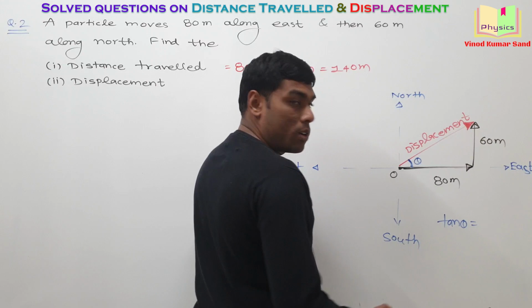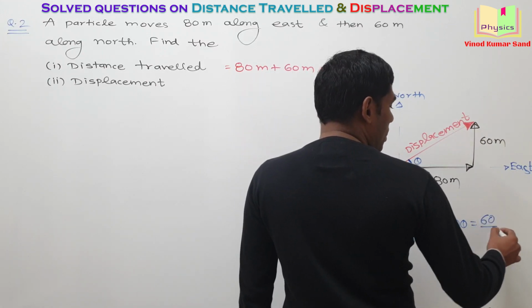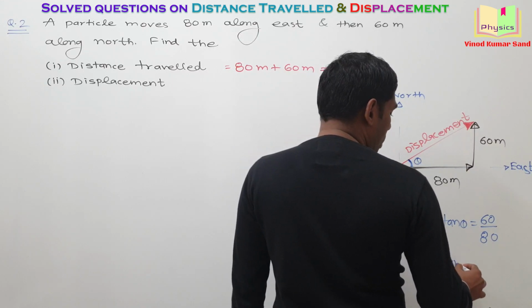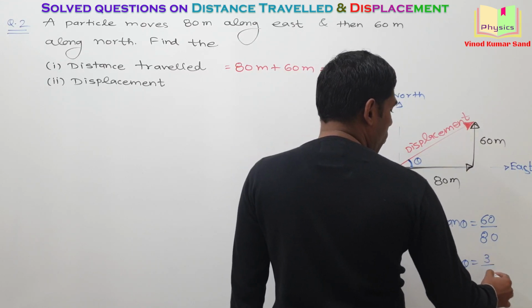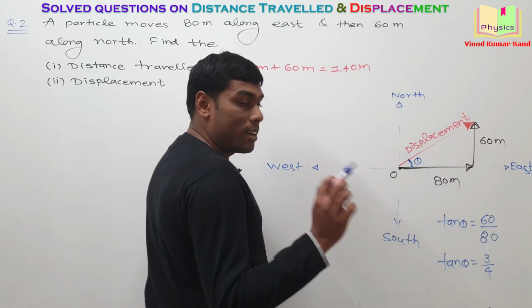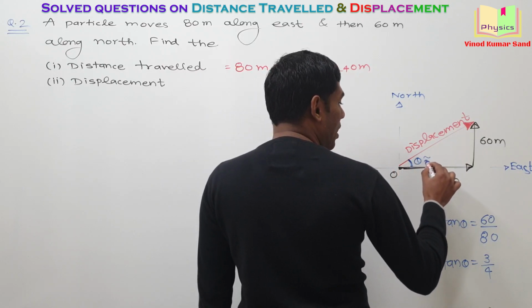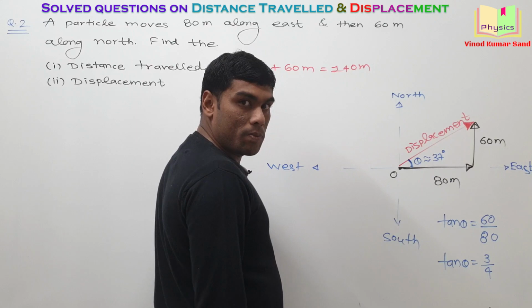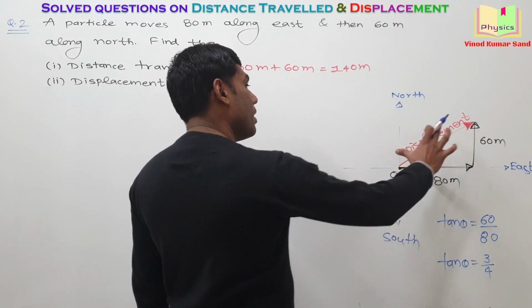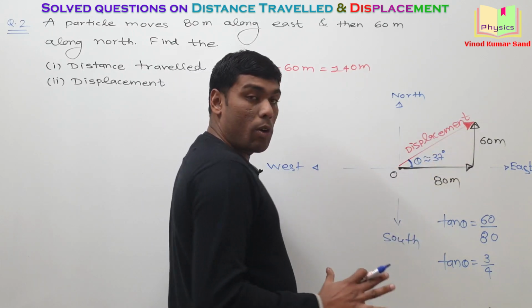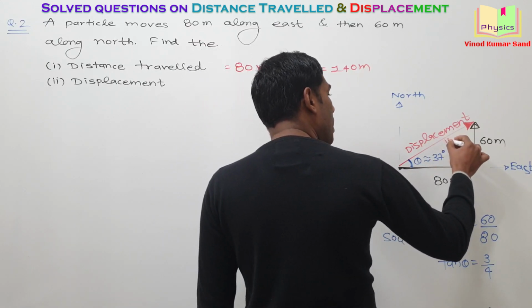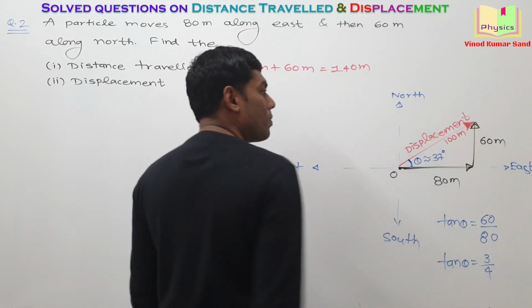Tan theta is equal to 60 divided by 80. So tan theta is equal to 3 by 4. It indicates that theta is approximately 37 degree. Done. And this length you might have obtained using the Pythagoras theorem. The red length will come out to be 100 meter.